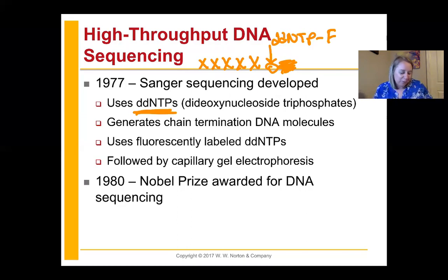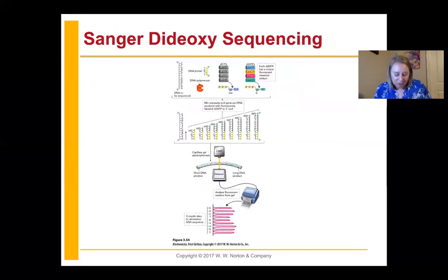So I'm going to show you how it all works. And they got the Nobel Prize in 1980. There were actually two different groups who designed two different methods, and they shared the Nobel Prize, and we've just basically used the Sanger sequencing method more and developed it more, and it's just more efficient.